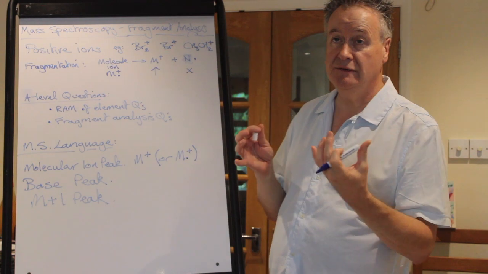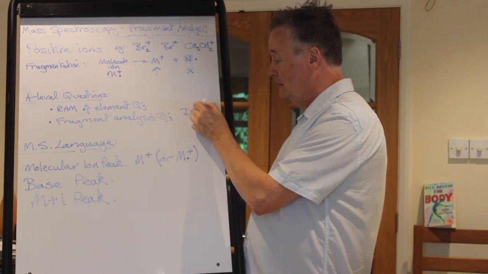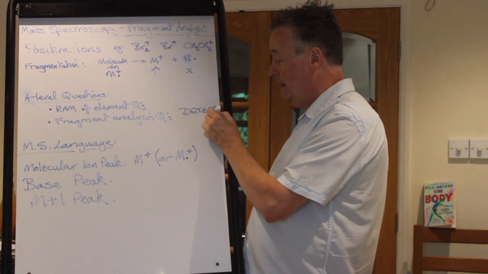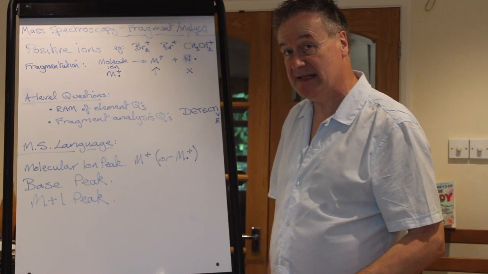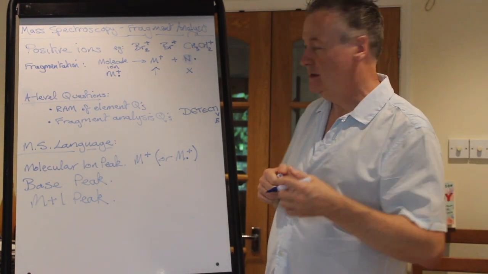So there'll be a whole collection of information, and it really is a bit of detective work. I'm going to do some detective work to find out what the substance is.